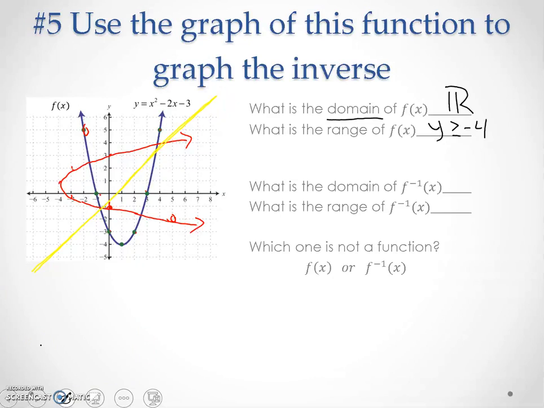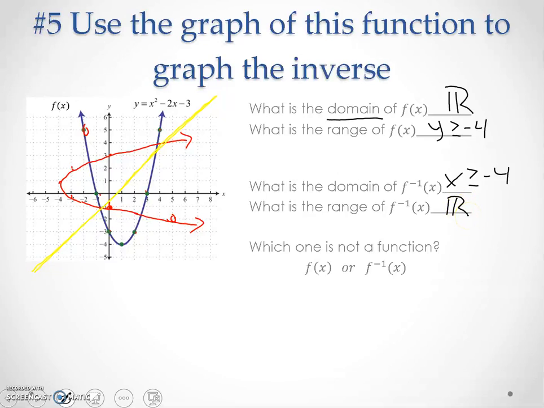Well, the domain are all the x values, and you can see that I can't plug anything in to the left of -4. It's the x values that are greater than or equal to -4. And what are the range values? Well, if you look at the red function, it's going to go up forever and down forever.